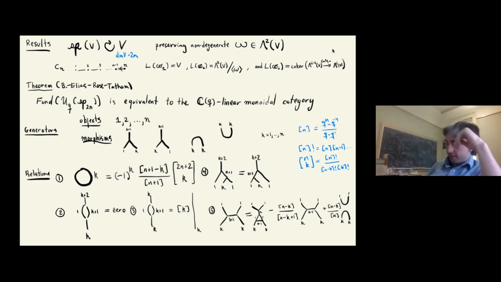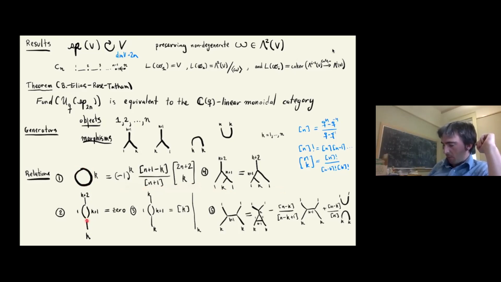So these relations are of the form that are similar to what we saw before. There's some isotopy that we're ignoring or building into the statement somehow. And then we have a relation that I can get rid of a circle at the cost of a scalar. I have associativity of these trivalent morphisms.